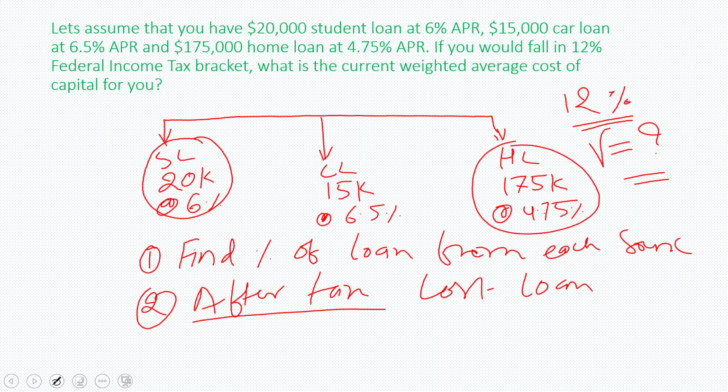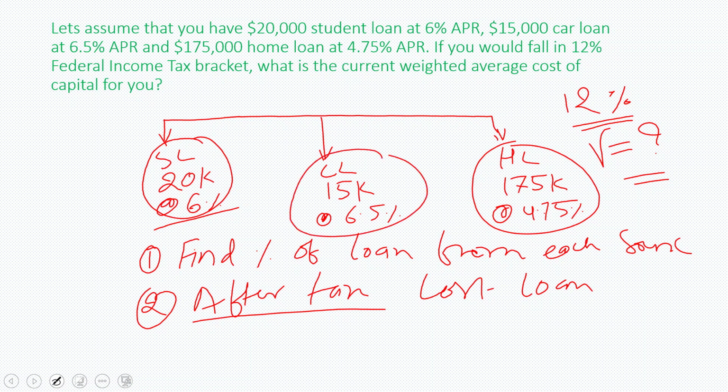Whatever interest you pay for student loan and the home loan, you can deduct this interest paid from your tax return. Therefore, there is some tax advantage for your student loan and home loan. It seems like you're paying 6% interest on a student loan, but since you can deduct the interest paid from your tax, you are not paying exactly 6%. It would be less than 6%. Similarly, the home loan applies the same thing.